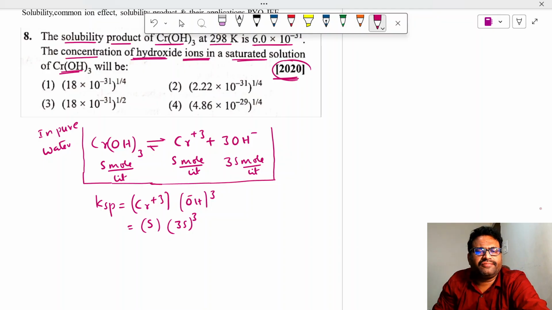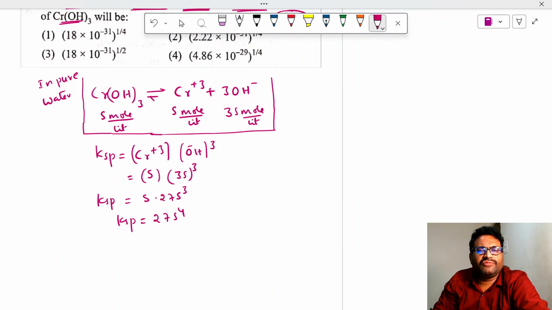So that is equal to S into 27, since 3 3 is 9, 9 3 is 27, S cube. So KSP is equal to 27 S power 4.